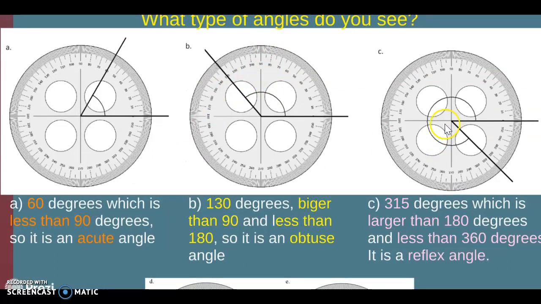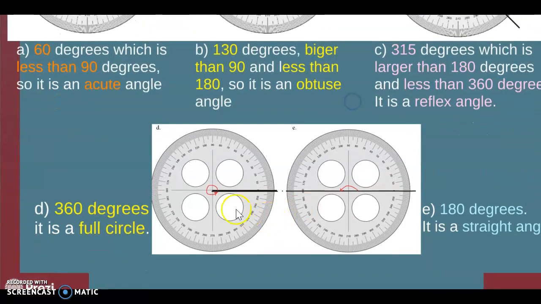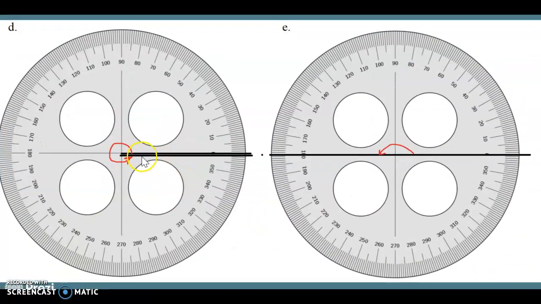And if it is bigger than 180 degrees, so if it's bigger than this half circle, and it's smaller than full circle, we call it reflex angle. Look at that. Always look for the arcs. This is your full circle. It starts at 0, goes all the way to 360 degrees.